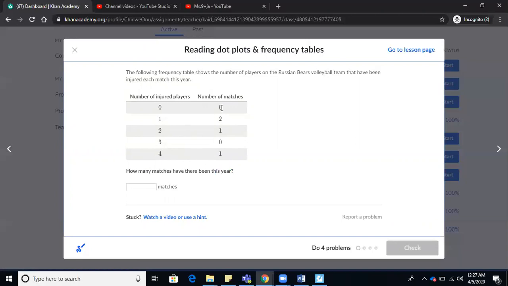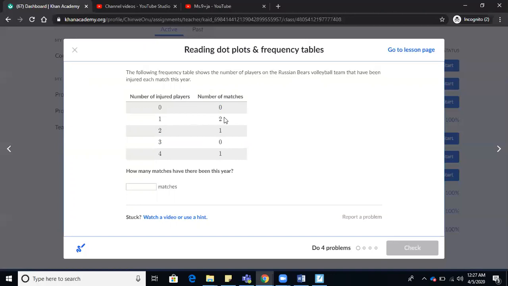Well, for your total number of matches, what you're going to do is add up all your number of matches. So we had 0 matches where 0 players were injured. We had 2 matches where 1 player was injured, 1 match where 2 players were injured, 0 matches where 3 players were injured, and 1 match where 4 players were injured.